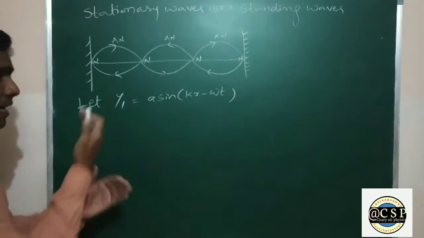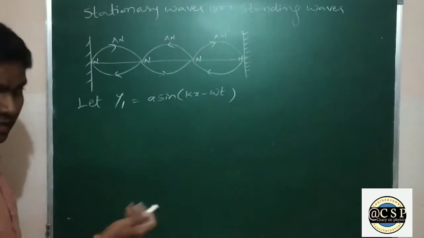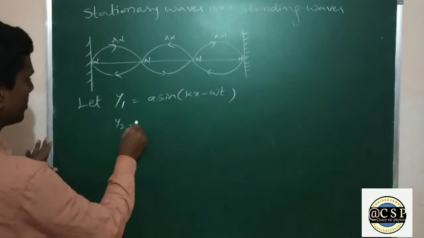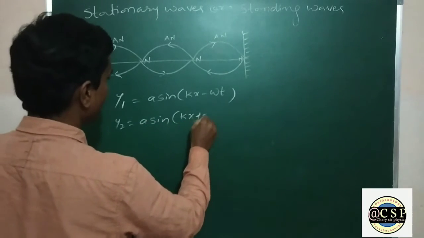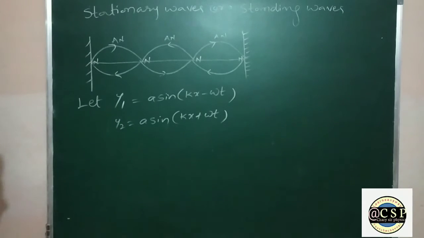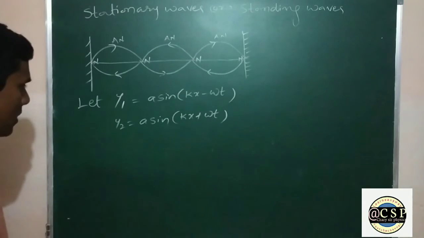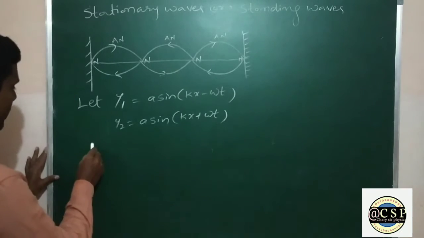The second wave is traveling in the backward direction, and its displacement is y2 equals a sine of kx plus omega t. With both displacement equations, we have to find the resultant displacement.